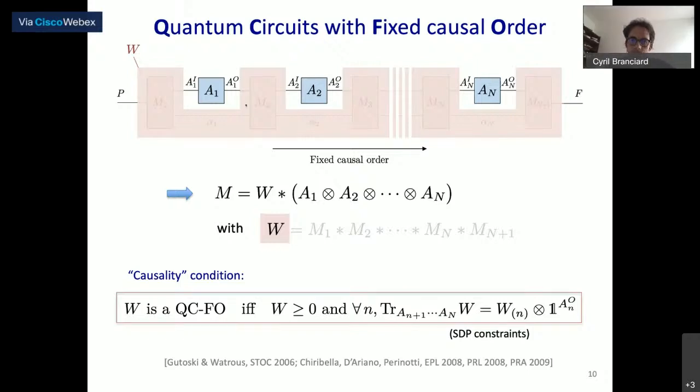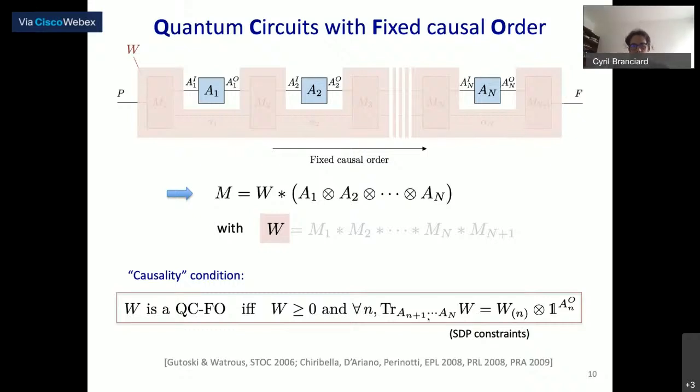For fixed causal order, it's just a simple causality condition that gives you a specific constraint on this W, which I will not go too much into the details of. Essentially, these can be written as SDP, semi-definite programming, constraints. So these can be checked efficiently, and you can characterize in principle efficiently the whole set of quantum circuits with fixed causal order.